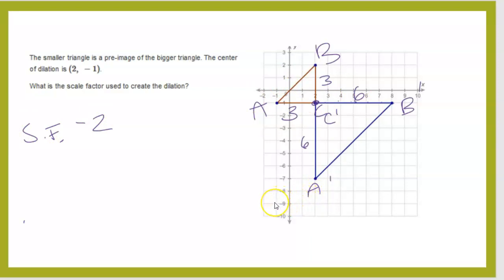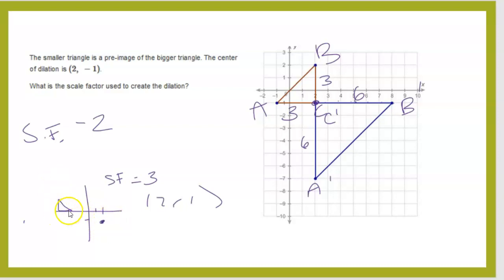So what I was trying to share with you is that if they gave you the scale factor to begin with, like if I had a shape here and they said the scale factor is 3 around the point (2, -1). So we go 1, 2, -1. That's our center of dilation.